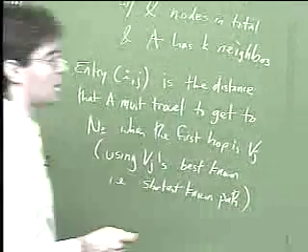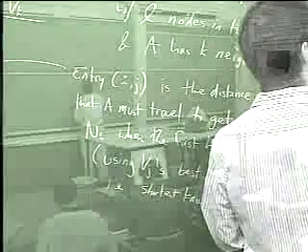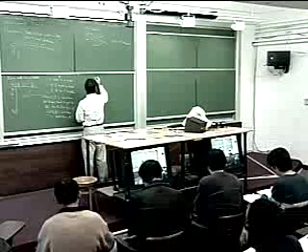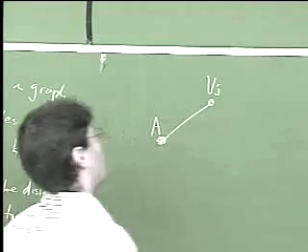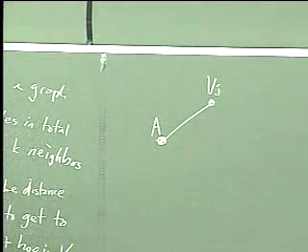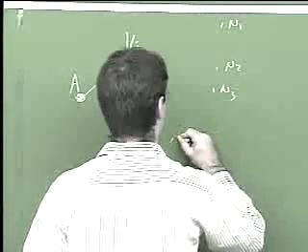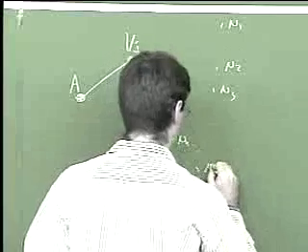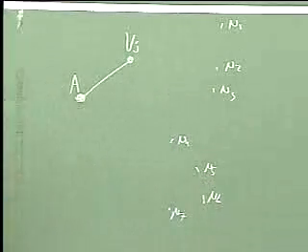Okay, so graphically think of it this way. Here's what's happening. Here's our node A. Here's some neighbor V sub j. And here's all the other nodes: N1, N2, N3, N4, N5, N6, and N7.